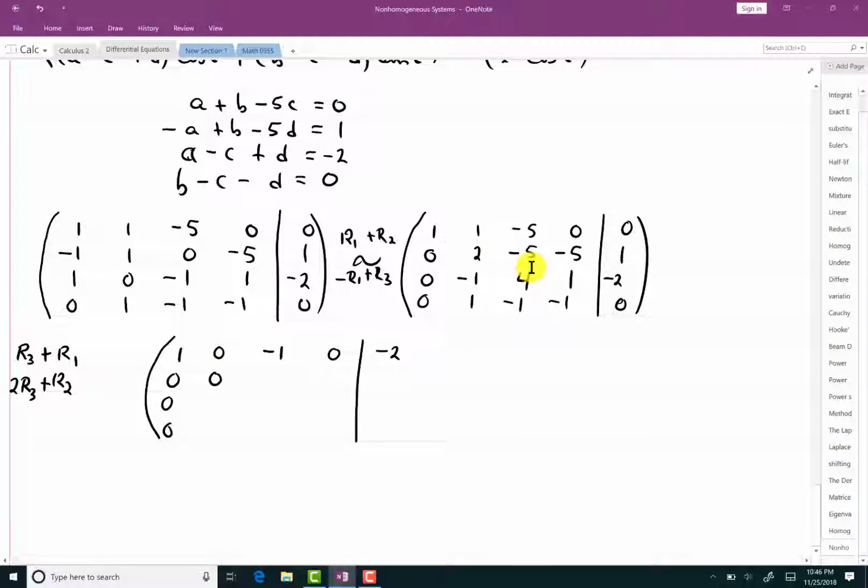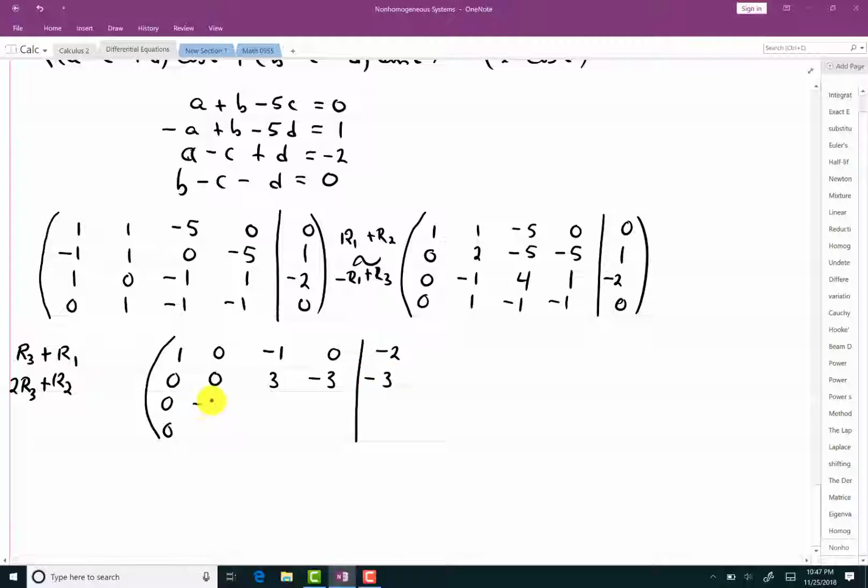Negative 8, if I multiply this by 2 will be 8, minus 5 will be a 3, and then 2 minus 5 will be a negative 3, and then we have negative 4 plus 1 will be a negative 3.